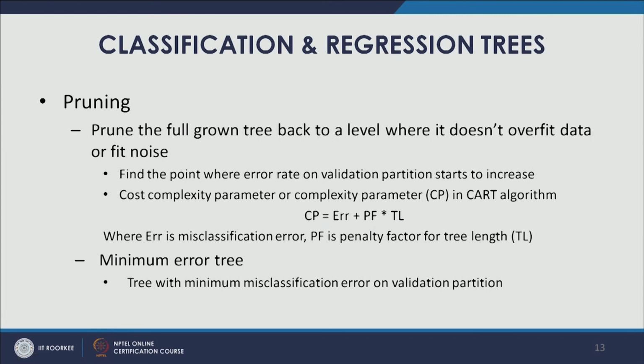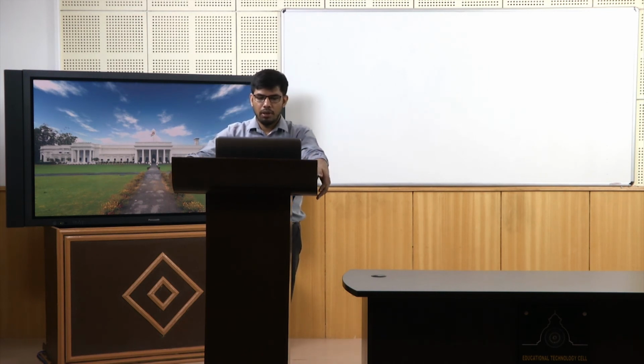If there are two candidate tree models, and they both have the same misclassification error but different tree sizes, different numbers of nodes, then it is the smaller tree model that would be selected based on the complexity parameter, because there is going to be a penalty on tree size.